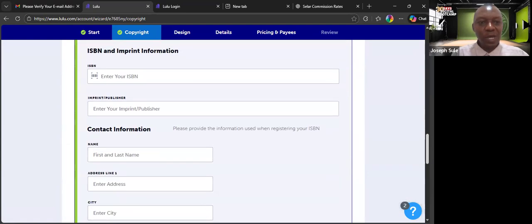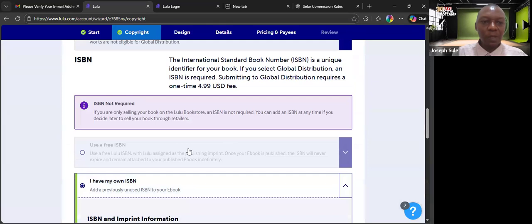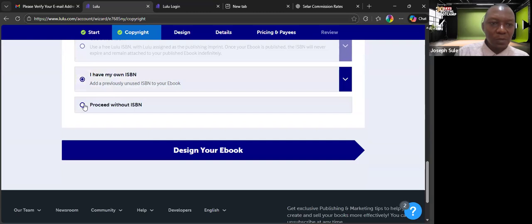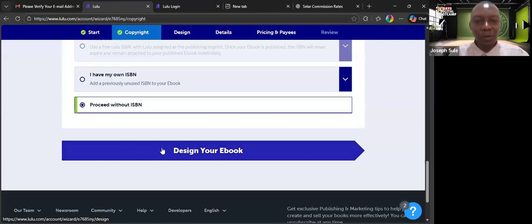You just simply bring your ISBN and enter it and put your publisher's name and your contact information and all of that. Now, I am leaving this book on the Lulu store, so I will not require an ISBN. So let me take this out, proceed without ISBN for now because I'm going to leave it on the Lulu bookstore for now.